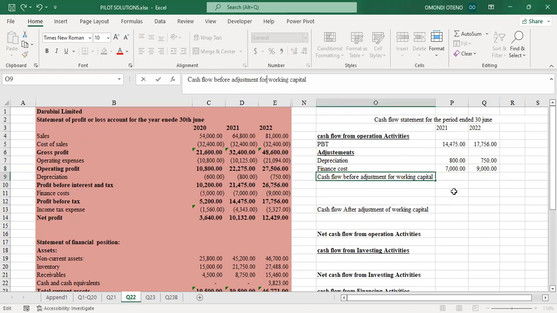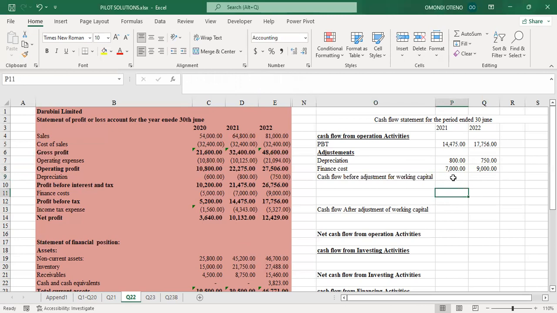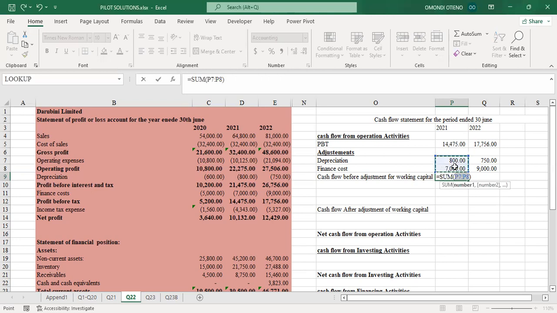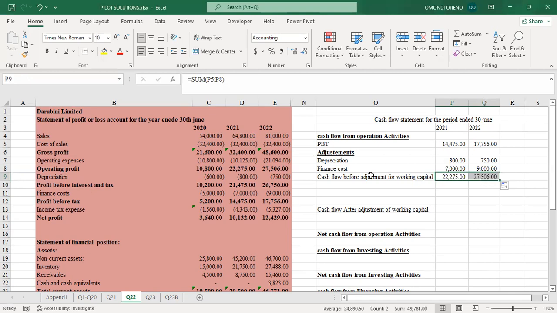So we have cash flow before adjustments for working capital. So this one here, we are going to get the summation of all those values. So we say alt equal to get the summation of the total amount that we have there. That one is the cash flow before adjustments for working capital. Adjustment for work.